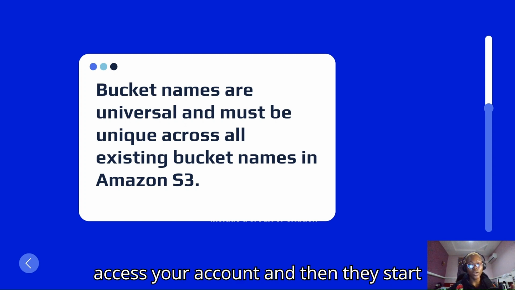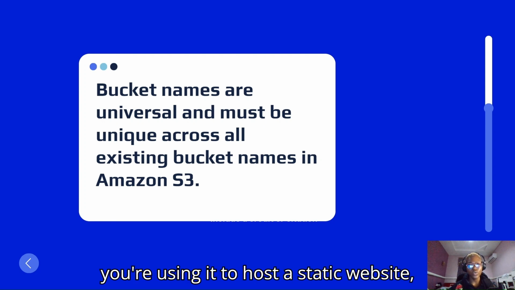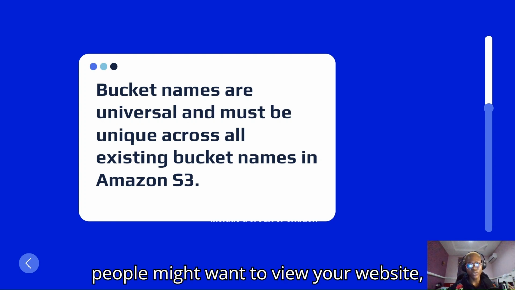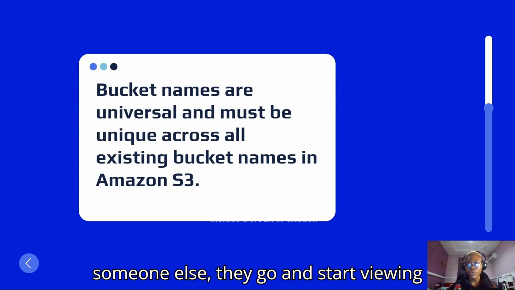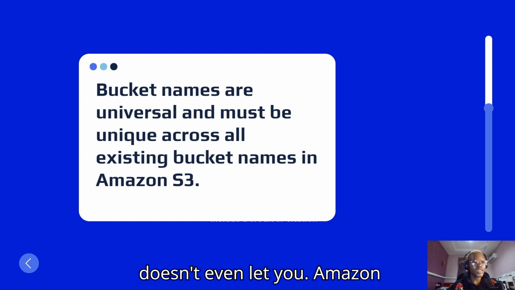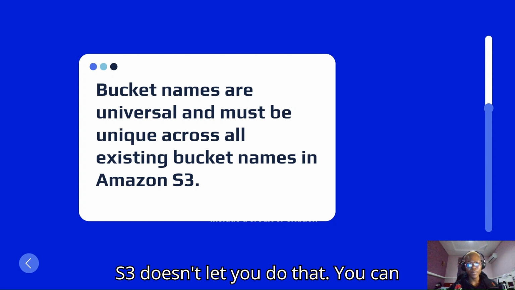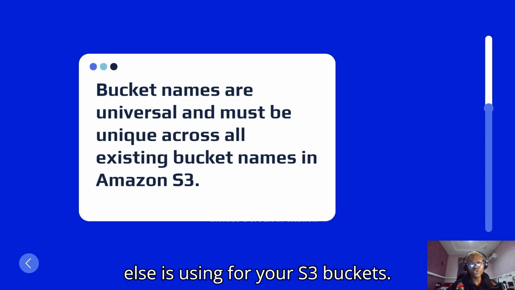If you're using it to host a static website, people might want to view your website, but because you have the same name as someone else, they'd start viewing someone else's website. Amazon S3 doesn't do that. You can only have unique names universally, so you can never use a name someone else is using for your S3 buckets.